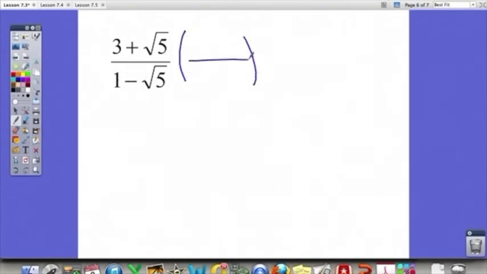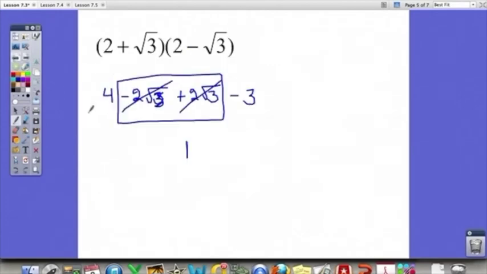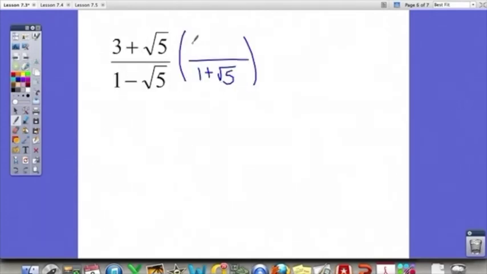You're going to multiply it by 1 plus root 5. Now see how those are conjugates of each other? Conjugates, same thing, but one with a plus, one with a minus. Let me go ahead and balance up here. Now I want you to see what happens when I go through and I FOIL these together. Now I'm going to focus on the denominator first.